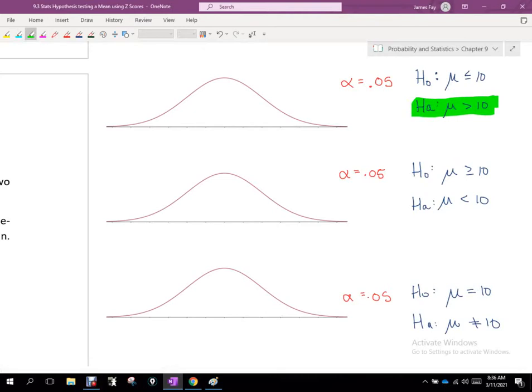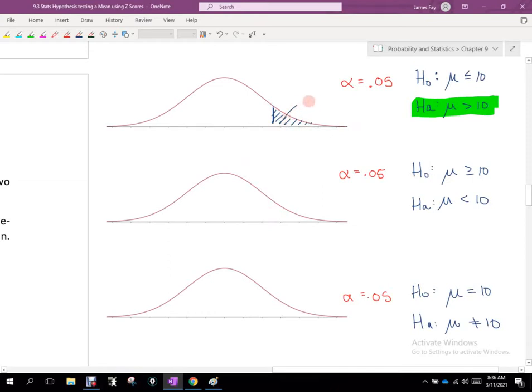Because it says mu is greater than 10, greater than means we're going to go to the right. So this is a right-tailed test, and that statement provides the area we're interested in. Does that make sense?